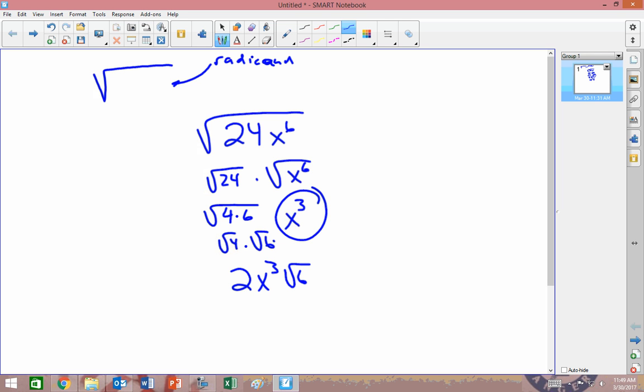And then we have the square root of 6 left inside the house. Okay, so our answer becomes 2 from here. Our x to the third comes down because it's outside the house. And then our 6, we don't have any partners in there. We've got a 3 and a 2, but we don't have any partners. So the 6 has to stay inside the house. Okay?